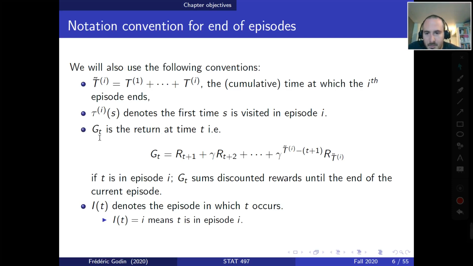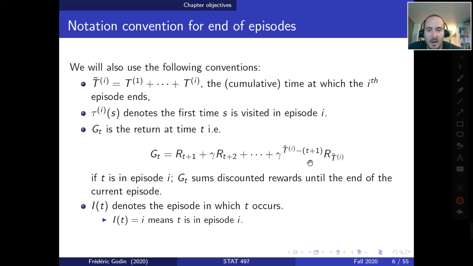GT is the return at time t for the current episode. So GT will be RT plus 1 plus gamma RT plus 2 until gamma to the power of the number of periods between time t and the end of the current episode.